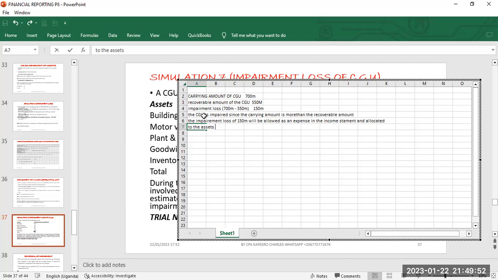And allocated to the assets in the order, actually that very order we discussed above.